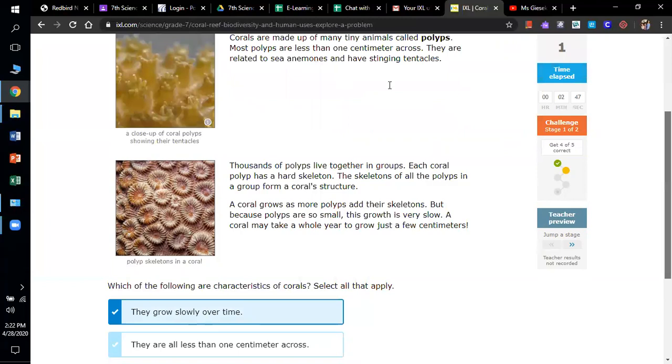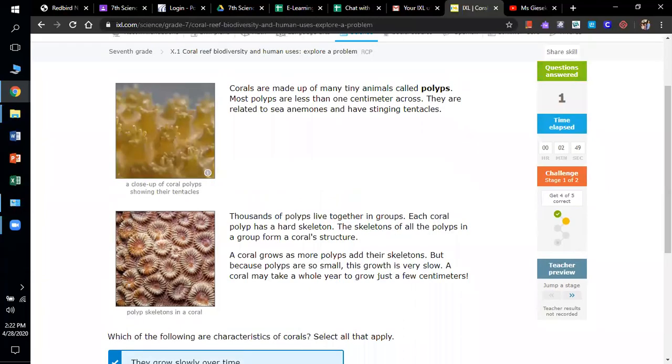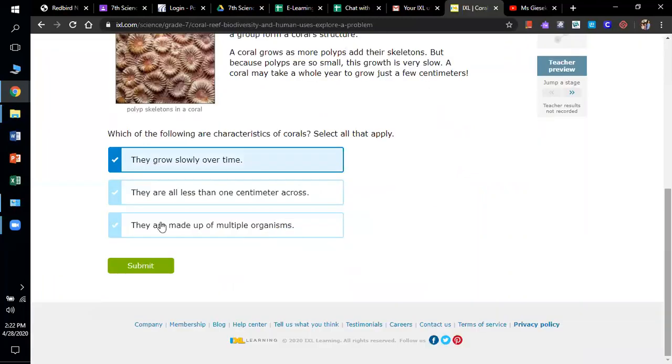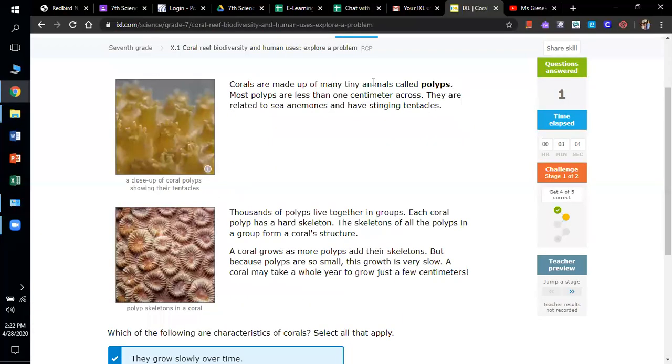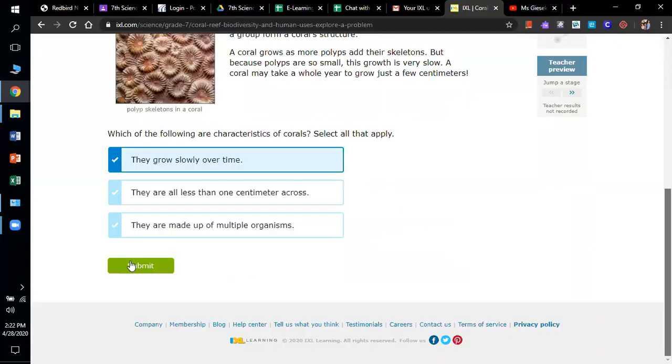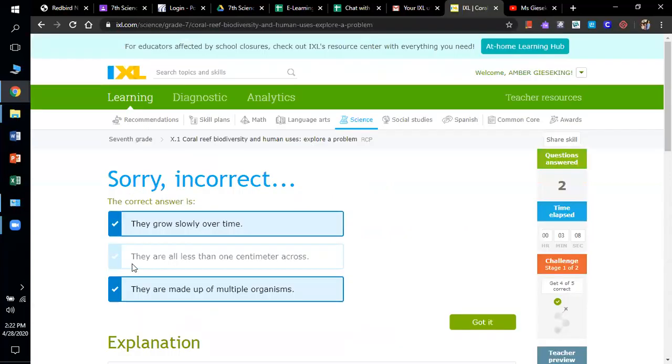So corals are made up of many tiny polyps, most polyps. So the polyps are less than 1 centimeter, not the coral. And they are made up of multiple organisms. Corals are made up of tiny animals called polyps. Nope, so they're made up of polyps. So I'm going to just go with 1. Ah, darn it. Okay, so multiple organisms is correct.